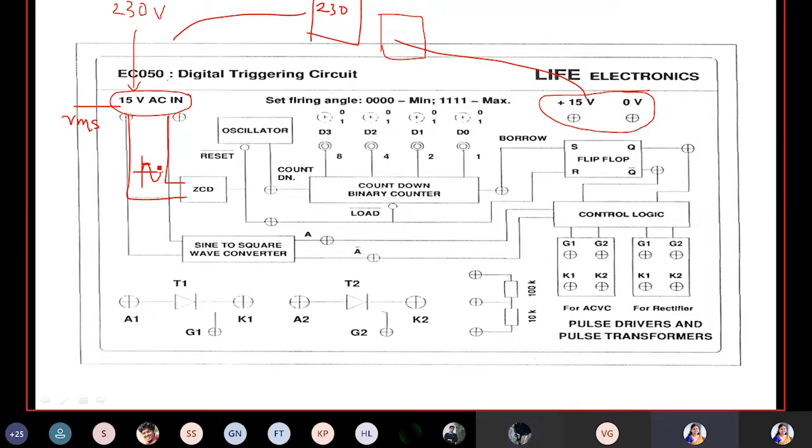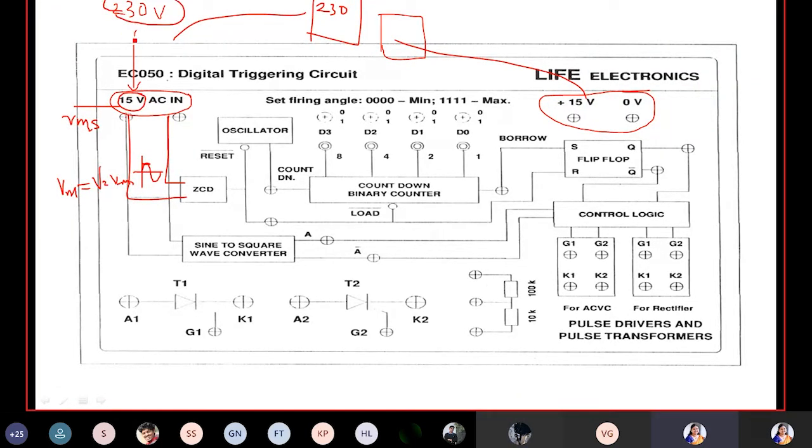So how you are going to calculate it? Vm equal to root 2 into VRMS. Calculate it and tell this value. 15 is VRMS. It's not 230.